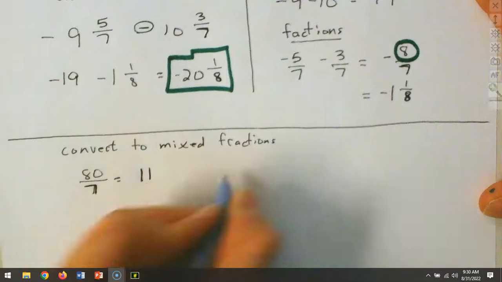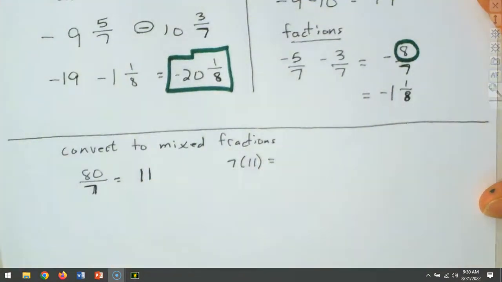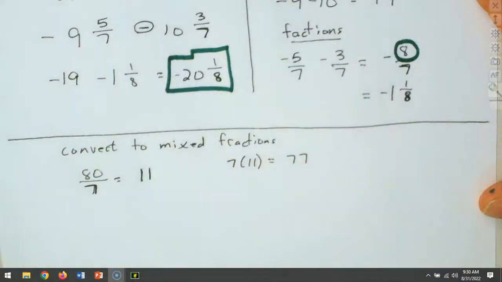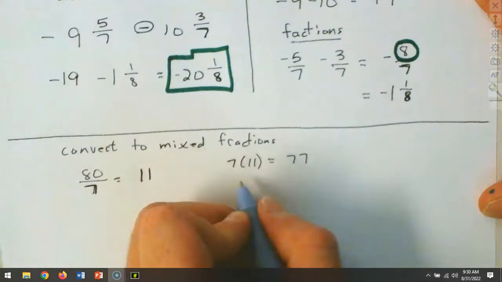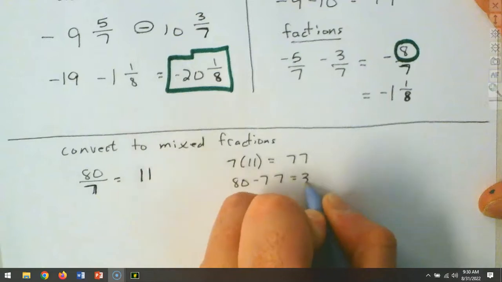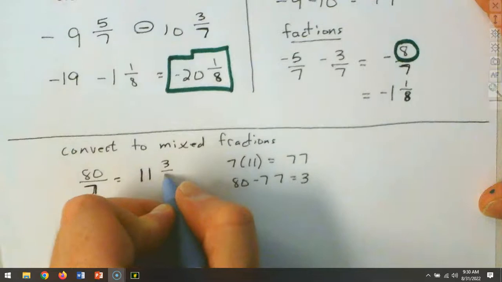And we're going to check. What is 7 times 11? Because that's the whole part. 7 times 11, that is a what? 77. Okay, and now we subtract them to get the fractional part that's left. What is now 80 minus 77? 3. So that would convert out to be 11 and 3/7.